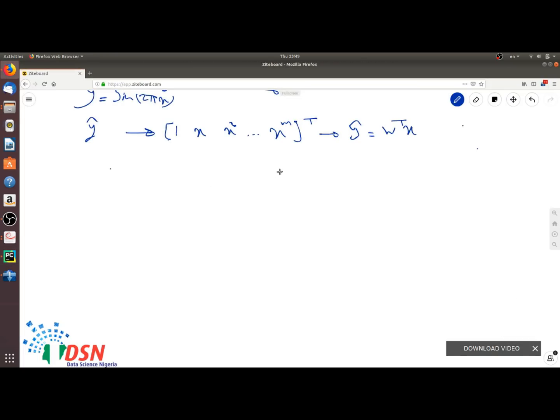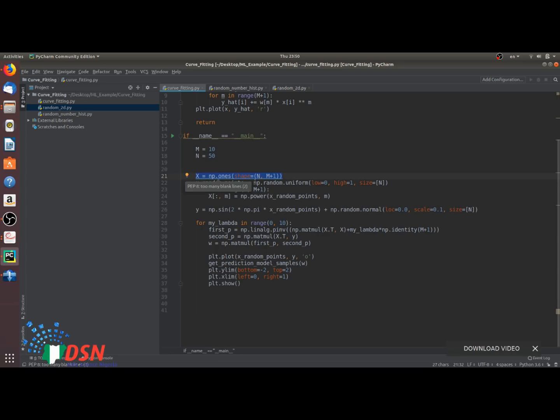So for each sample we have x1, we have x2, and we concatenate all of these together and put them in a matrix and call it X. Okay, so we have X, and in this line we produce the random X. We want to generate the random sample, so we generate some random points from 0 to 1, and we have n sample points.